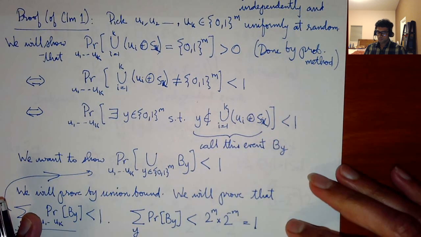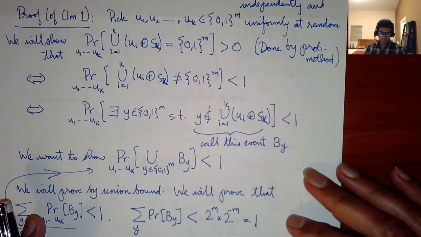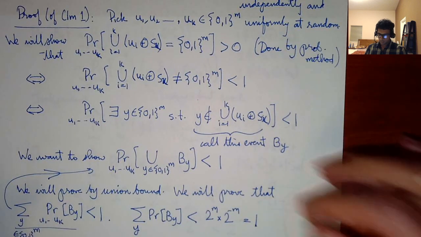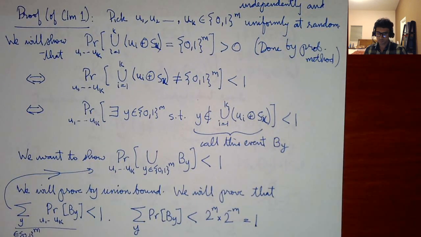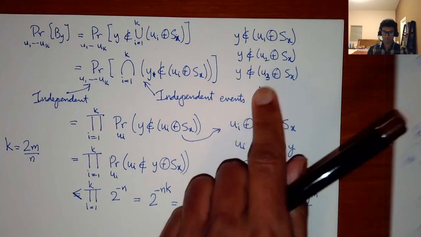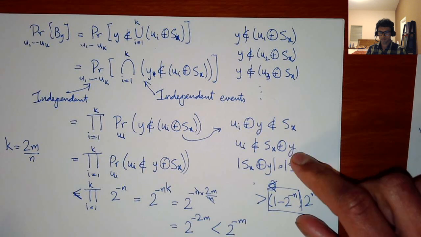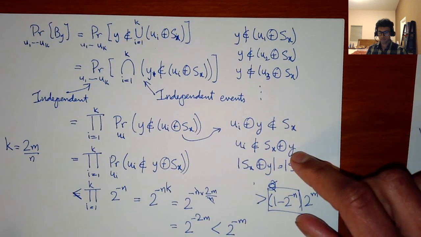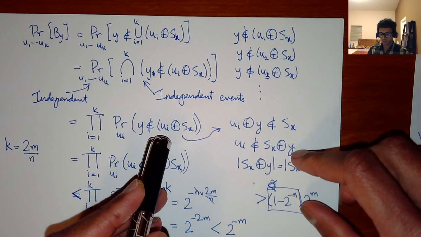So we said earlier that probabilistically speaking, u_i shift S_x is the same as u_i shift y being in S_x. Because the size of S of x and S of x shifted by y are the same. It's not even probabilistic here.